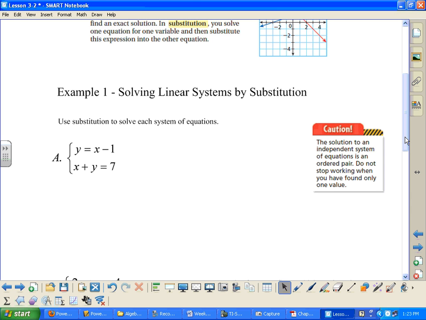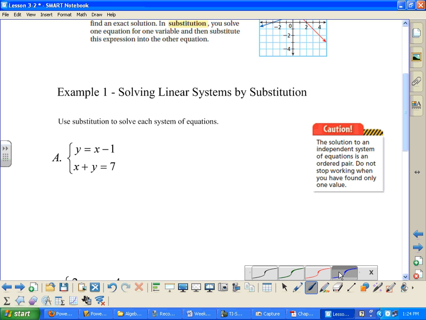So when it says to use substitution, that means we want to make it so that we have one variable, and we're going to use what we know about the other variable to get rid of it. So in this case, we've got y equals x minus 1 and x plus y equals 7. In both these cases, we have two variables. If I'm solving equations, how many variables do I want?